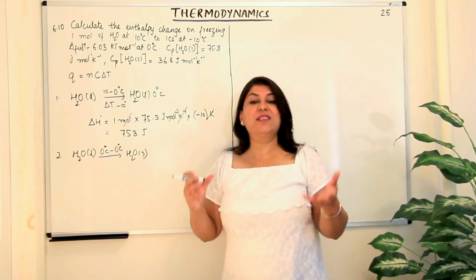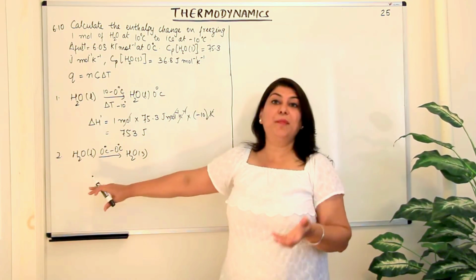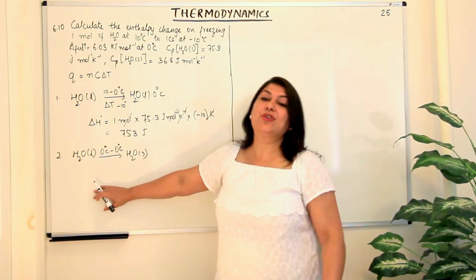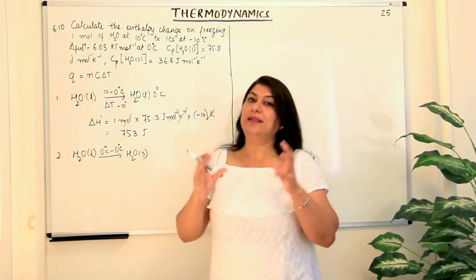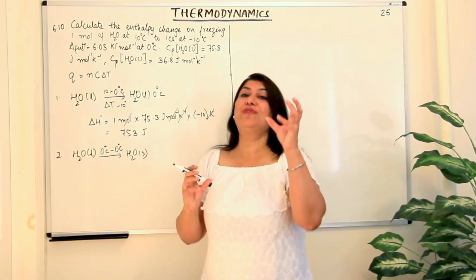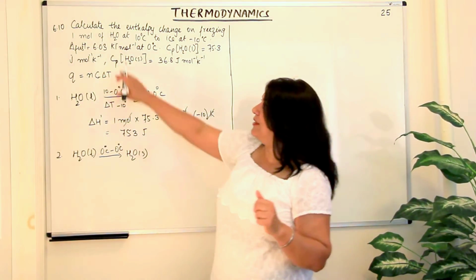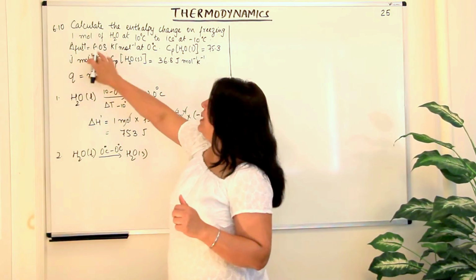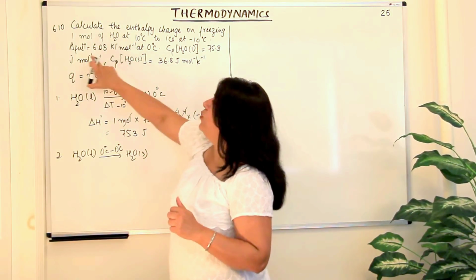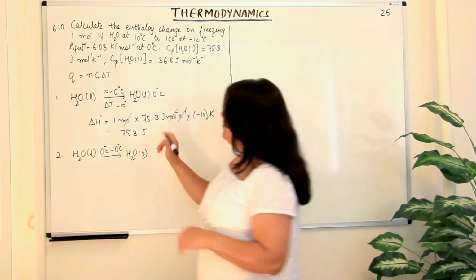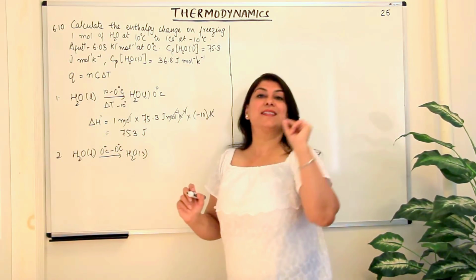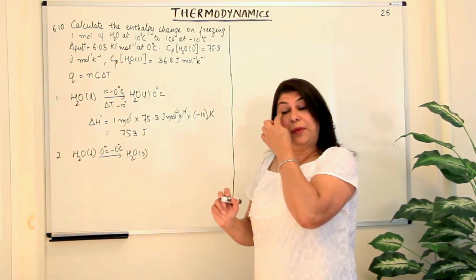And if the attractions are changing, there has to be some energy change occurring. The enthalpy of fusion is also fixed for different substances. So the enthalpy of fusion of water, given for 1 mole, is 6.03 kilojoules per mole. And since we have only 1 mole, you can calculate this as the second enthalpy.